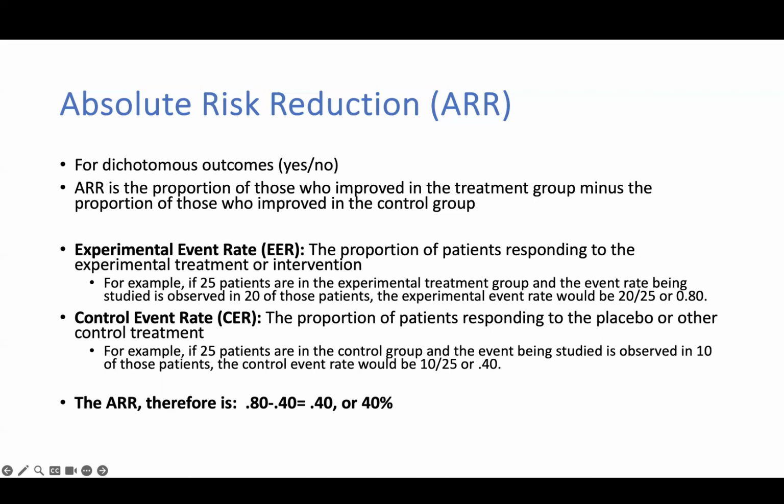In essence, an ARR of 40% means the new treatment has led to a 40% increase in the rate of improvement compared to the control. This is a significant figure for healthcare providers, as it helps to quantify the actual impact of an intervention on patients' outcomes.